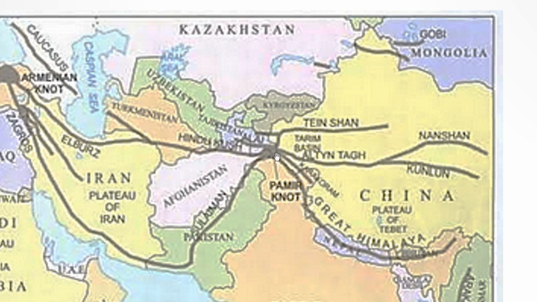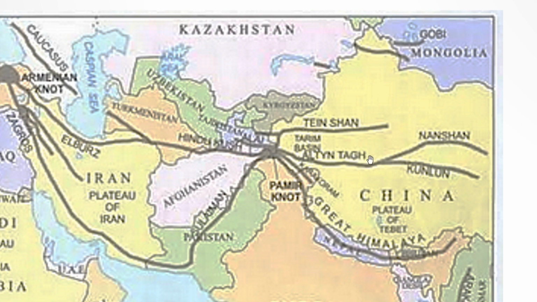Another very important mountain range is the Karakoram. Here we find a very important peak, that is K2, which is the highest peak in India.